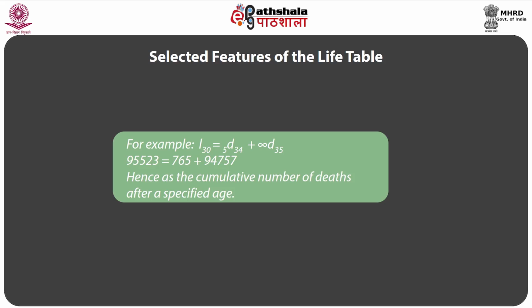For example, l30 equals 5d34 plus infinity d35, 95523 equals 765 plus 94757. Hence small lx is the cumulative number of deaths after a specific age.